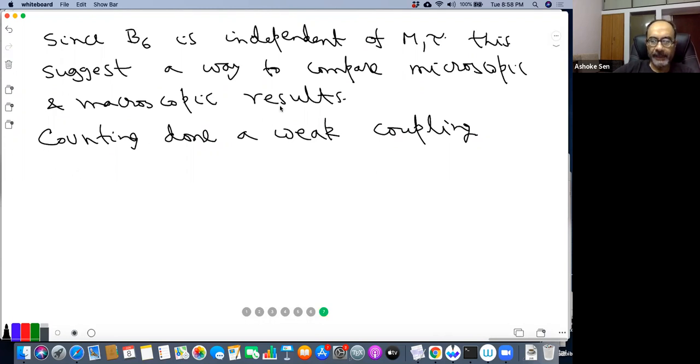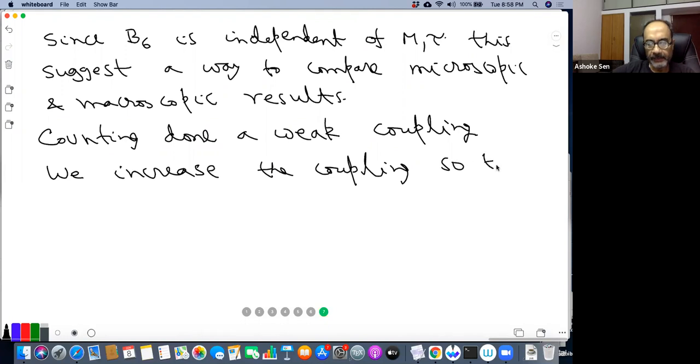But then to connect to black hole entropy, we increase the coupling, so that effectively G Newton increases.